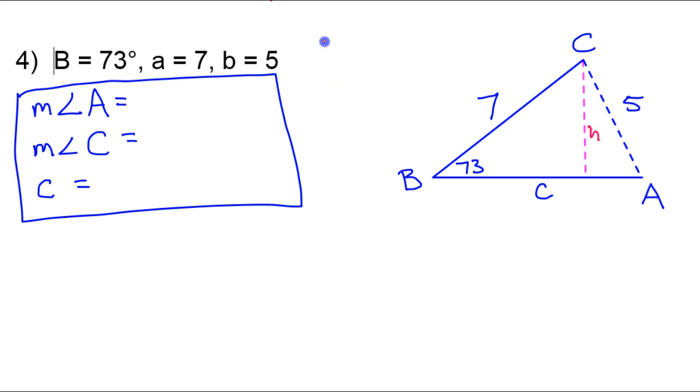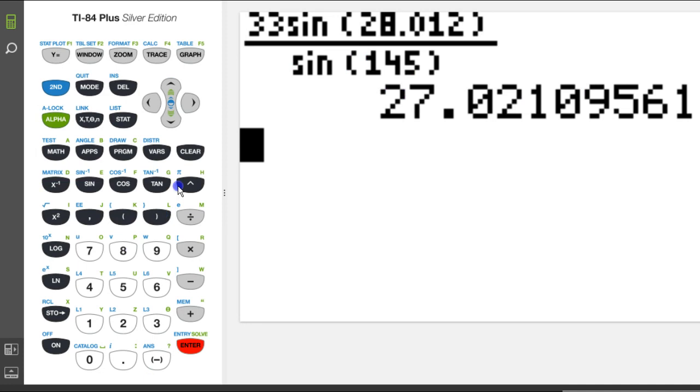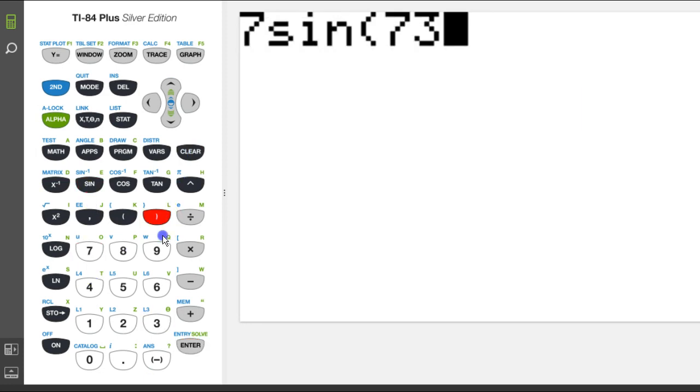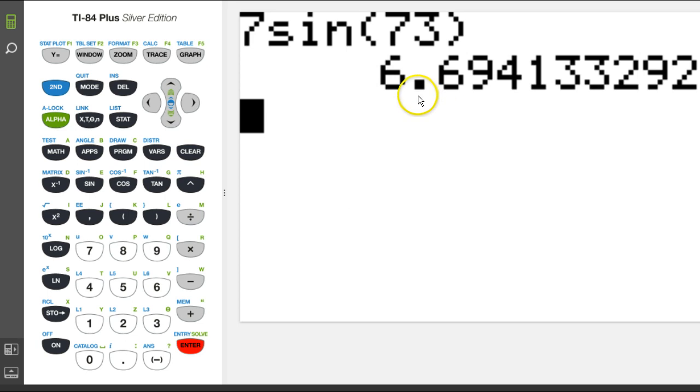We can calculate this height using sine. So the sine of 73 is going to equal opposite over hypotenuse, so that would be H over 7. If I multiply both sides by 7, then I get 7 sine 73 is equal to the height. If I put this in my calculator, I get 6.694.